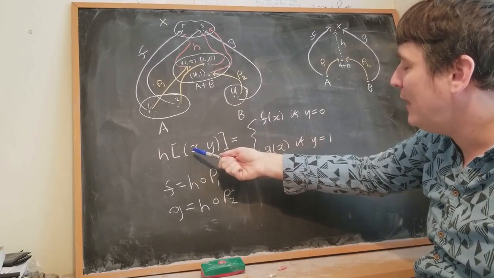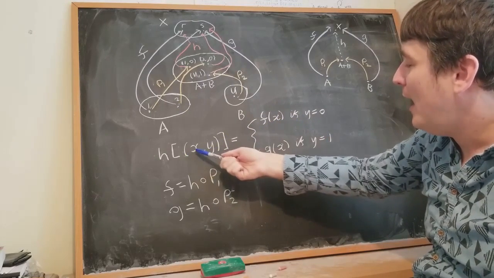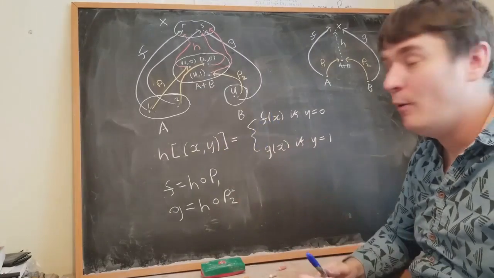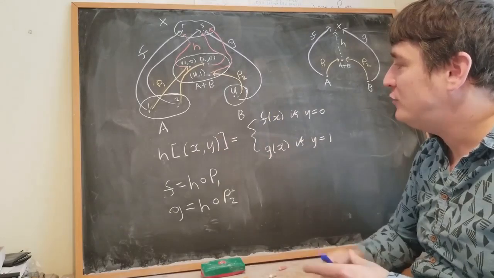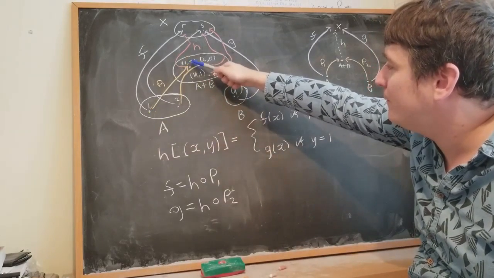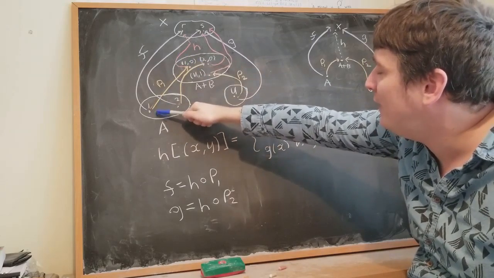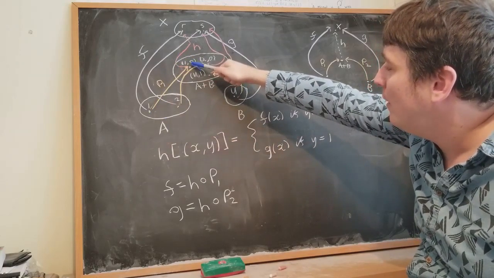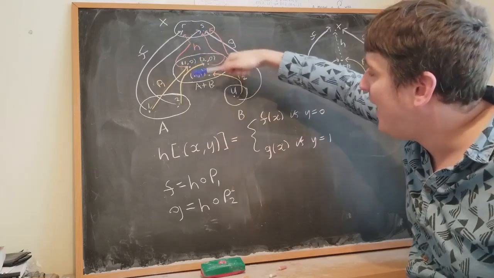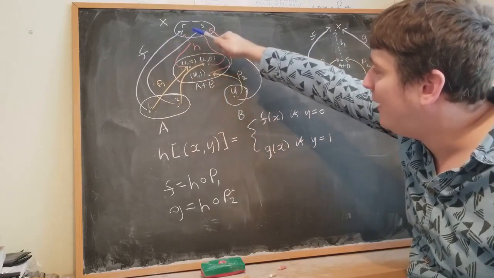If we sent this element (x, 0) to something different from f of x, it wouldn't match up, because x gets sent to (x, 0) under P1, and then it gets sent wherever H sends it, which had better be f of x.